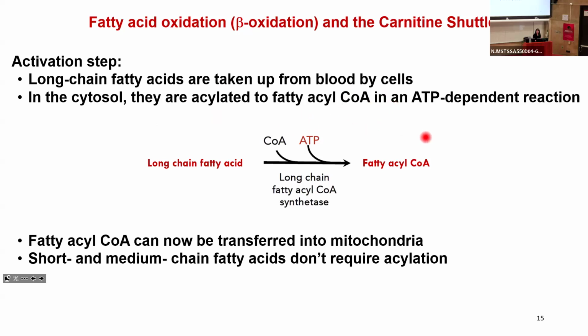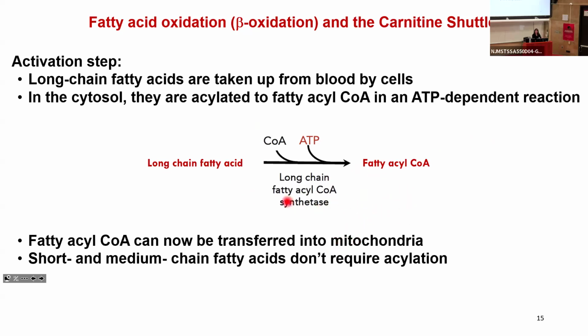And that reaction requires ATP. So you just have to know that the long-chain fatty acid needs to be modified into a form which is called fatty acyl-CoA. And that is the form that can go into mitochondria. Unless that happens, we can't get the ATP generating energy from the fatty acid.